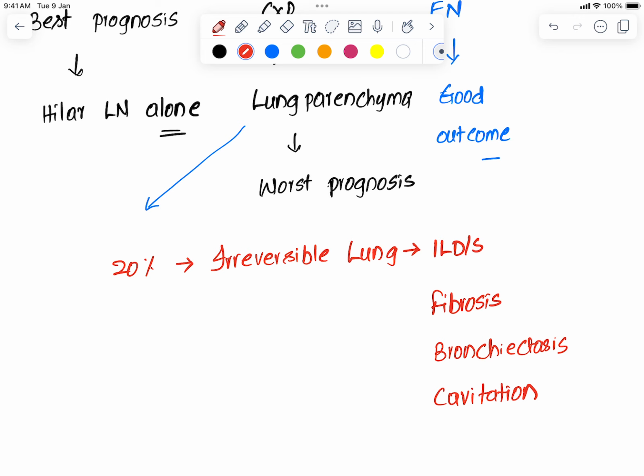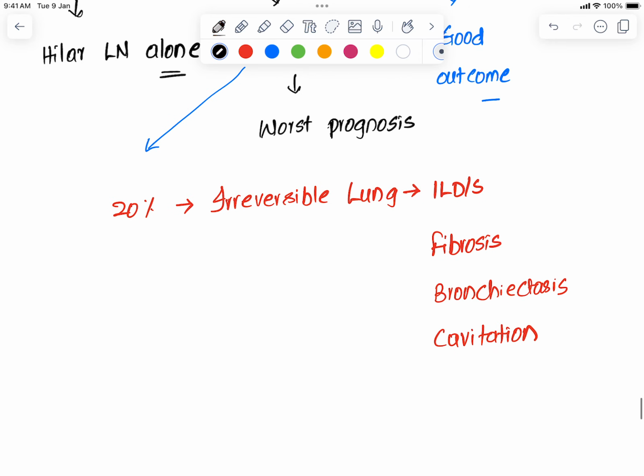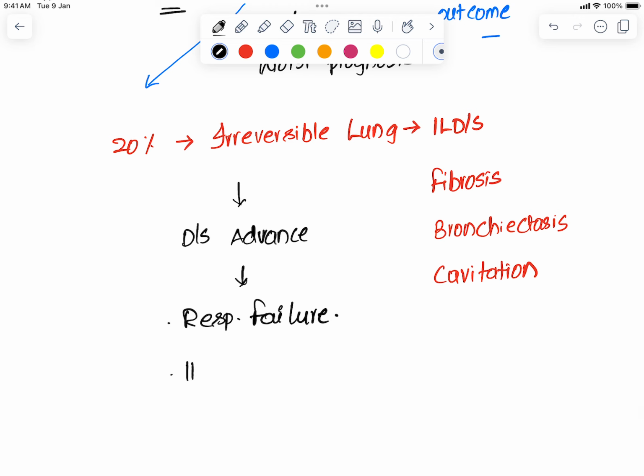As the disease advances, that is, as lung pathology advances, these patients go into a state of respiratory failure, and there can be hemoptysis, and there can be lung cavity formation with mycetoma.